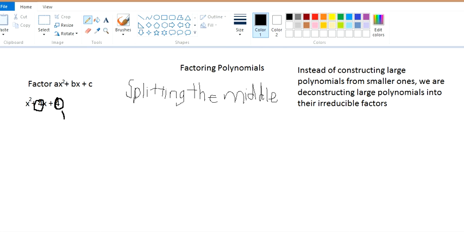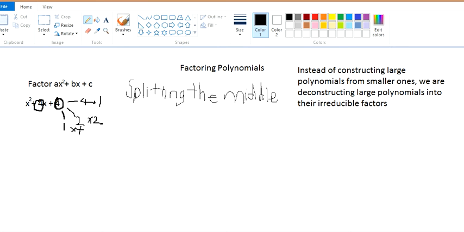So the factors of 4, which is the c value, are 1, 2, and 4. Let's clarify that: 4 times 1, 2 times 2, and 1 times 4.